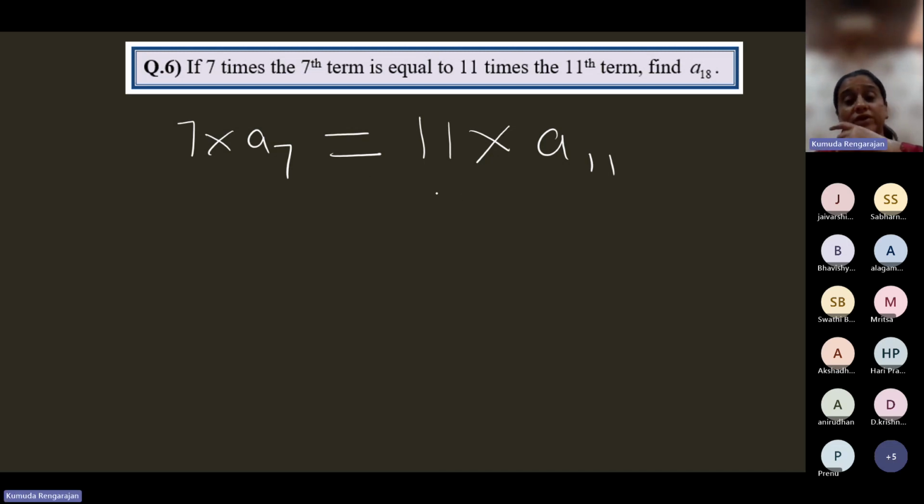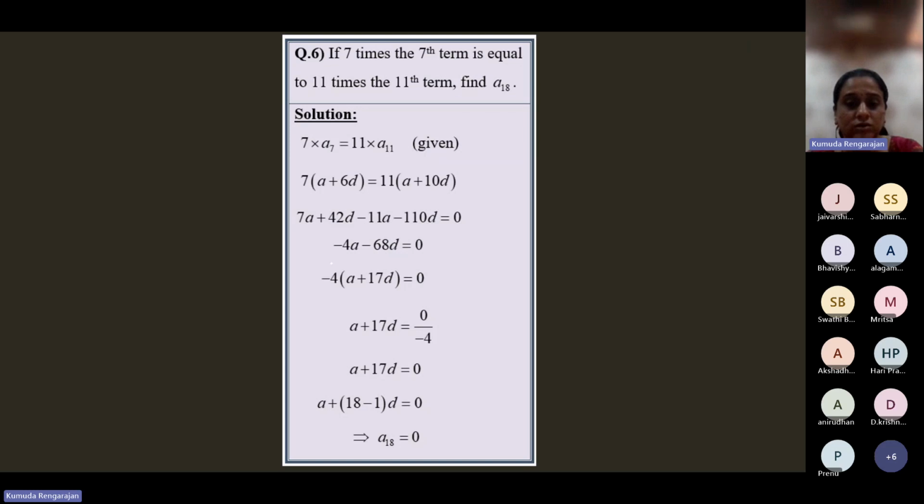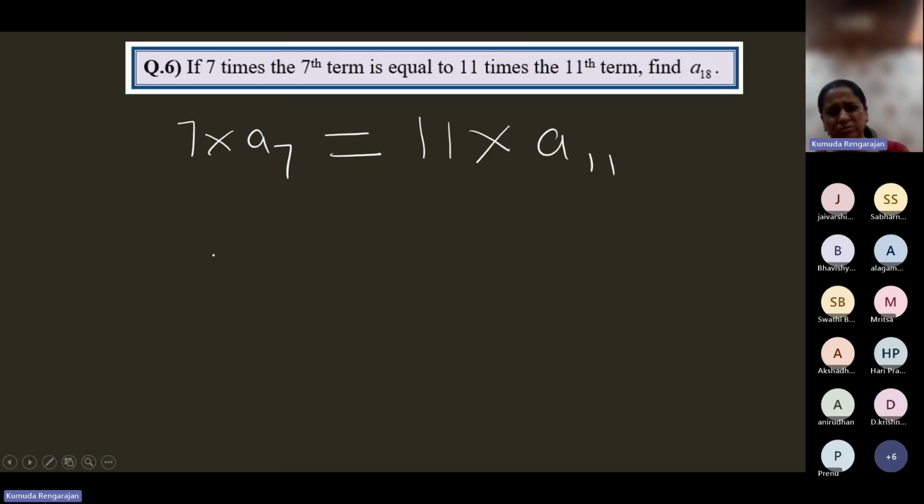Then find the 18th term. You just have to work this out, and you will get A plus 17D is equal to 0.